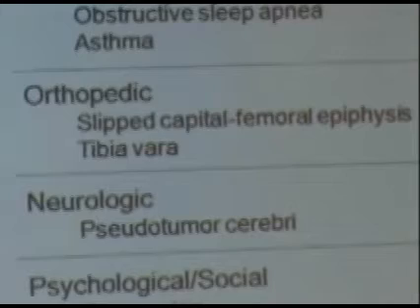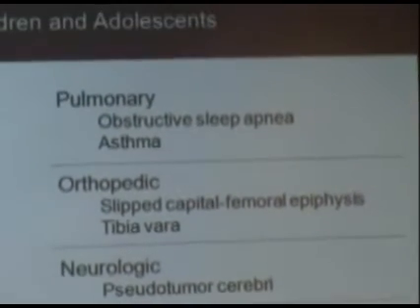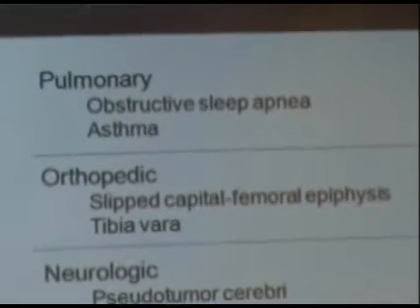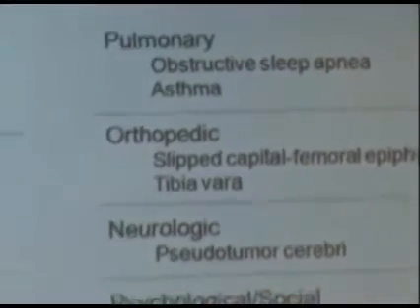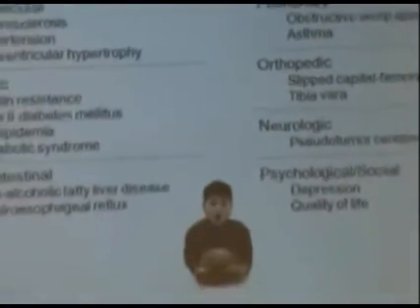It has gastrointestinal effects, probably the most important being non-alcoholic fatty liver disease. This is a liver disease that develops over time with fat deposits, but can ultimately progress to more severe liver disease, including hepatitis, fibrosis, and is becoming an increasing cause for need for liver transplantation in adults. And some have argued that it, over time, will become the most common reason for liver transplantation in our society. From a pulmonary perspective, obstructive sleep apnea is an important problem.